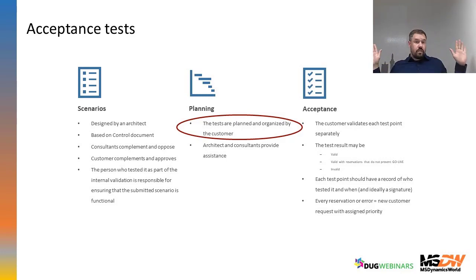Just now the architect can help, can give advice, anything, but it's about the customer and the project manager managing it, and about consultants helping the customer users with these tests. So in this phase, the customer must plan and organize these tests. Usually they are not for 3 days. Usually they are for months.